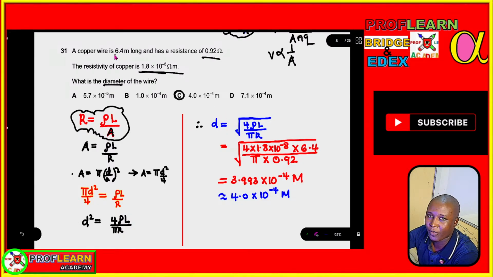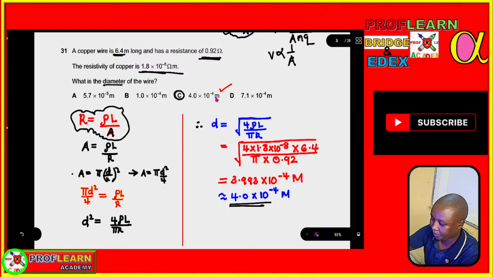Whenever you do this question, check whether the units are okay, and then we divide by pi times 0.92. If you work it out, you are going to get your answer being approximately 4.0 times 10 raised to power negative 4, and that is going to be option C.